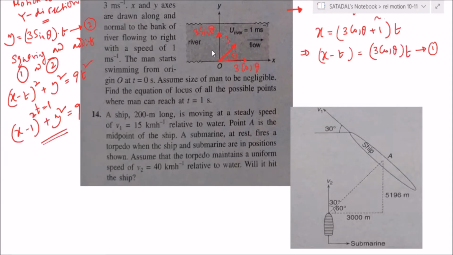Yes, Shashivardhan? Sir, for me, time is coming negative. It will not hit the ship. Okay, fine, we'll check.